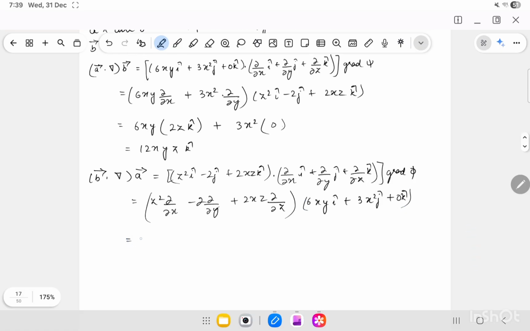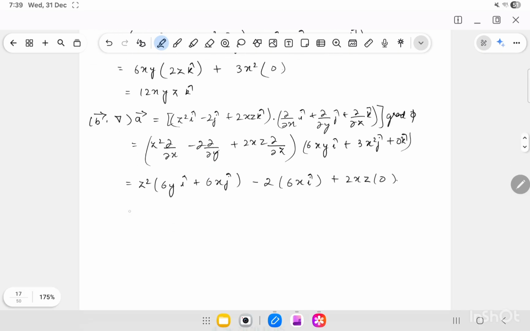It simplifies to z square times 6y I cap plus 6x j cap, minus 2 times 6x I cap, plus 2xz times 0, which simplifies to 6yz square I cap plus 6xz square j cap minus 12x I cap.